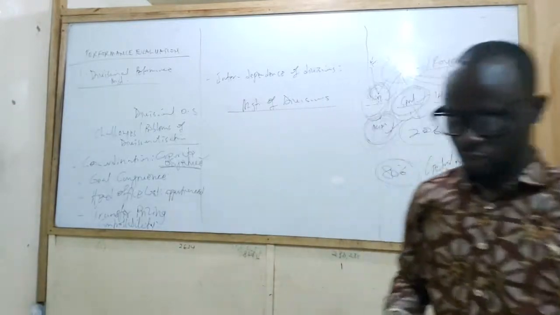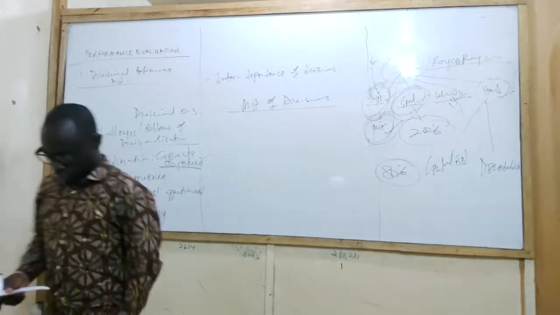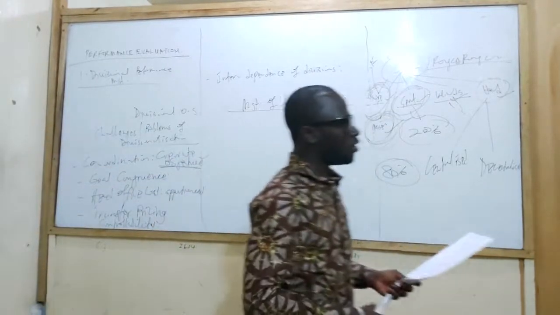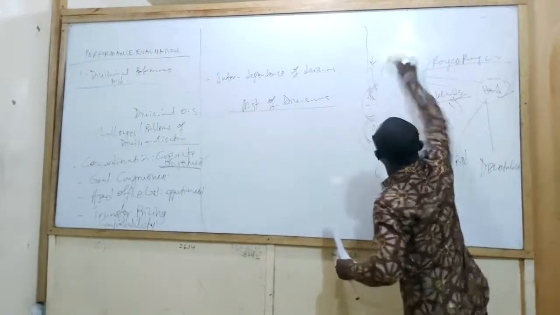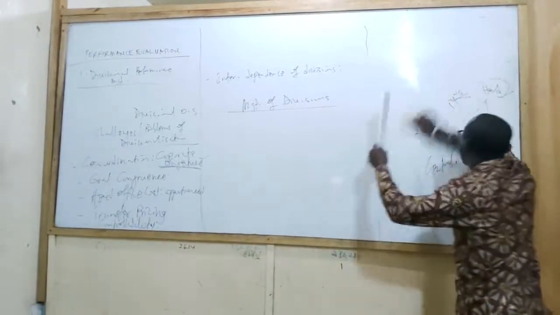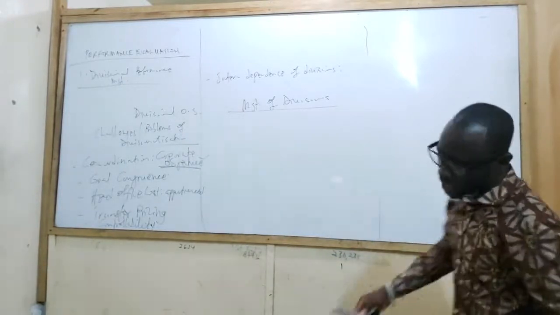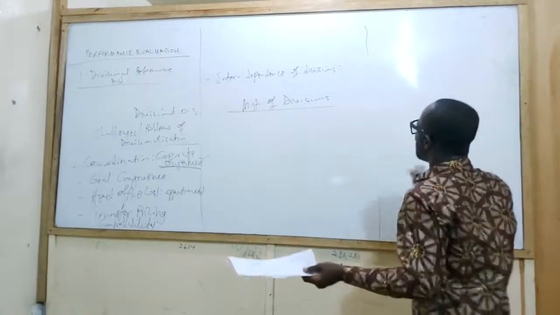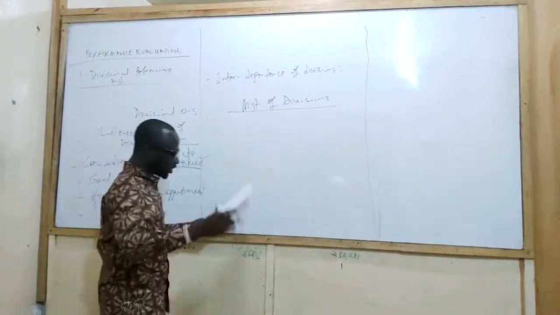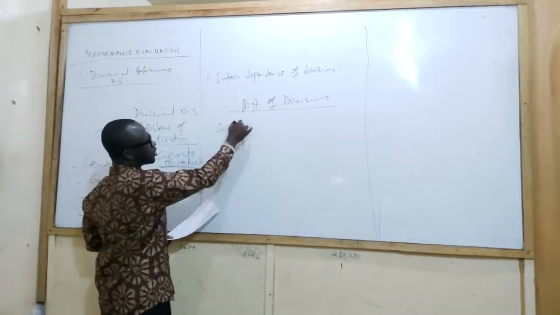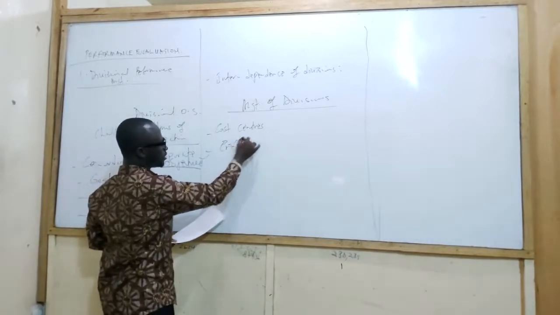Now, many divisions' performance is evaluated and they are remunerated based on their performance results. For that reason, divisions can be either cost centers or profit centers.